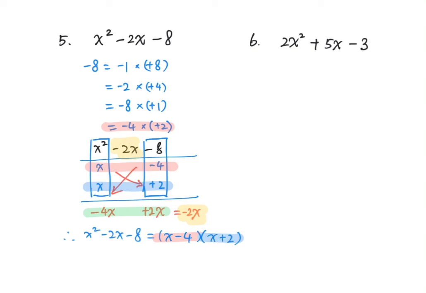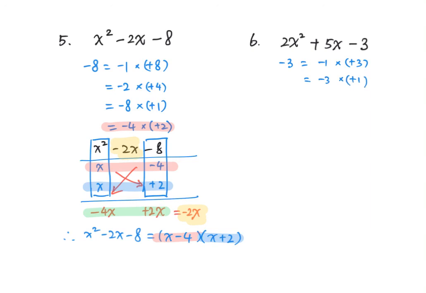Now let's see the last example, 2x squared plus 5x minus 3. Negative 3 can be factorized as negative 1 times positive 3 or negative 3 times positive 1.